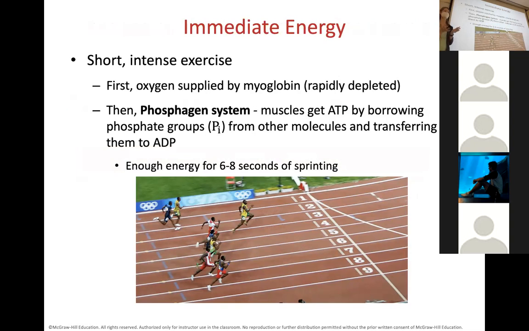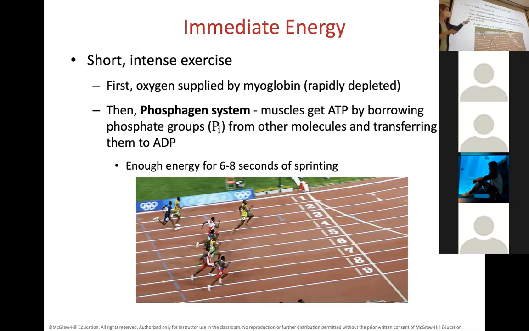Hemoglobin, yeah. So hemoglobin, myoglobin, they both carry oxygen. Myoglobin carries it specifically to muscles, hence the myo. That oxygen is pretty quickly depleted at the very beginning of the exercise process. So initially myoglobin is providing oxygen for aerobic respiration.